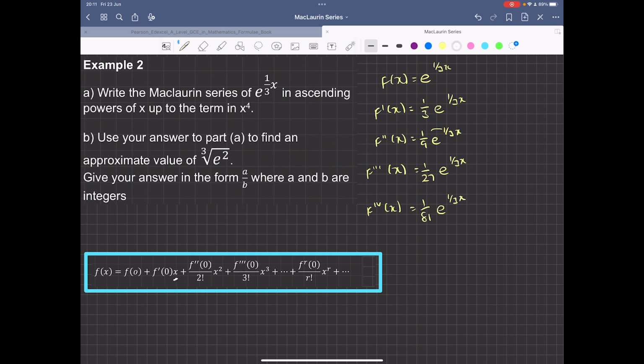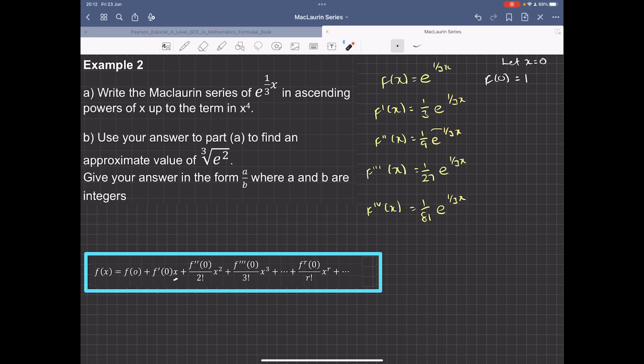So now we need to let x equal 0 for each of these functions. So f of 0, in this case, well, 1/3 of 0 will be 0, and e to the 0 is 1. For our first derivative, again this is 0, so this is 1, so this will become 1/3.